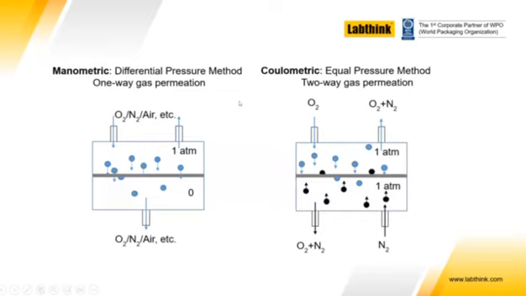There's another difference which I'd like to point out between the 2 methods. So as I said, the manometric method doesn't use any carrier gas. And so if we compare the diagram on the left to the diagram on the right, you can see that in the right-hand side picture, there are some black molecules representing nitrogen.